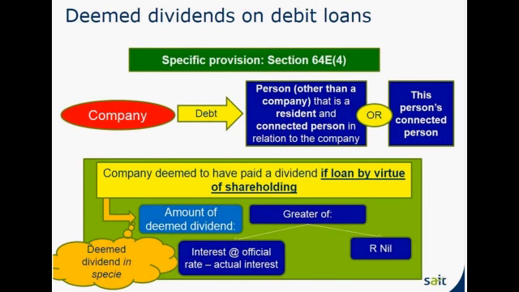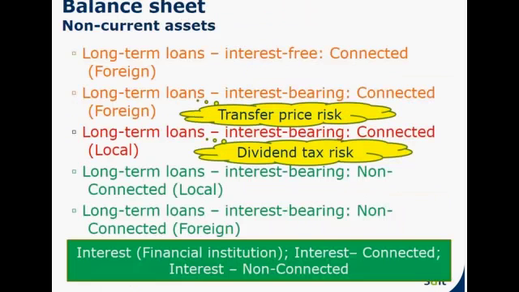So I indicated there at the bottom that both of these loans, a loan that goes from a company to a connected person, could carry transfer pricing risk if it bears insufficient interest. So you should be able, in this case, to prove to SARS that you charged arm's length interest on the loan. Otherwise, a transfer pricing adjustment might be required.